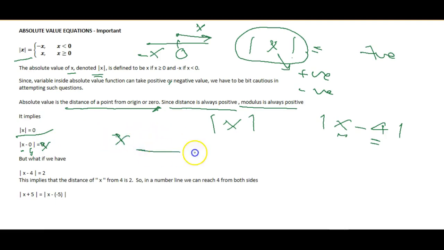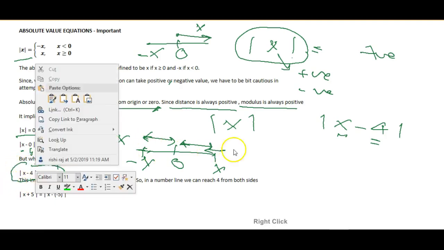Now that distance I can reach from both sides. The distance x can be to the right, and the distance x can be to the left, so that the overall distance remains positive. I hope you are getting the point that modulus tells me the distance of a point from a certain point. In one case it can be 0, and in another case it can have a different reference, like this example.